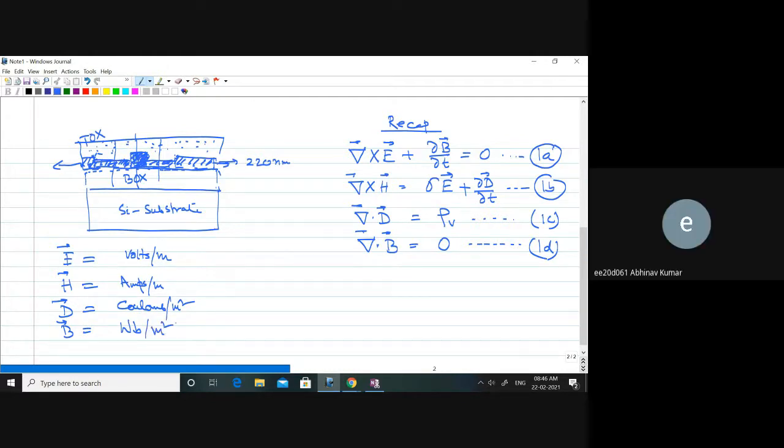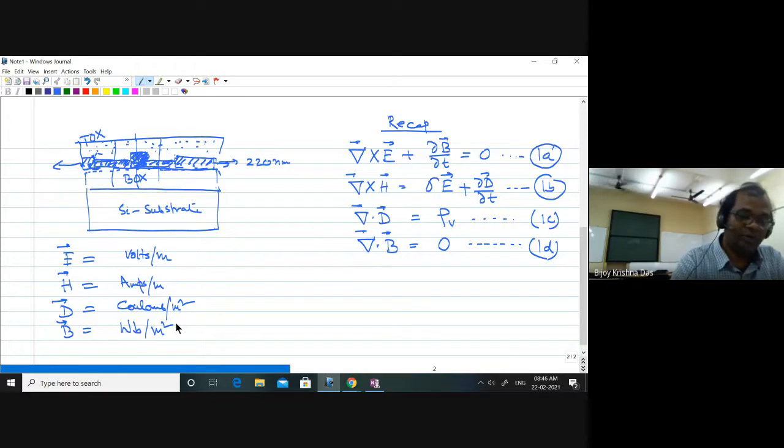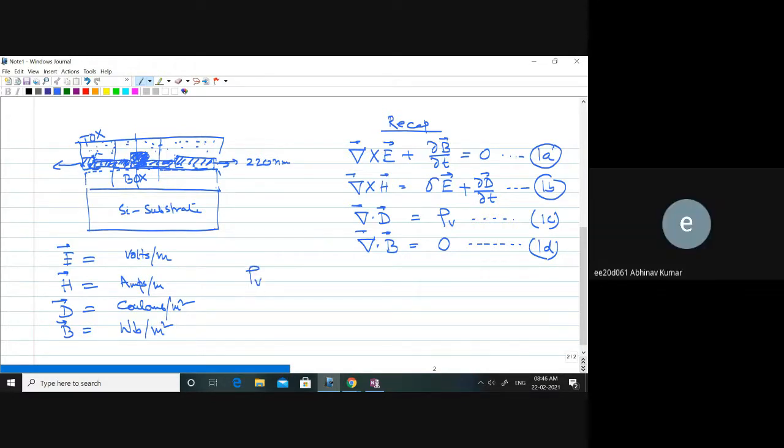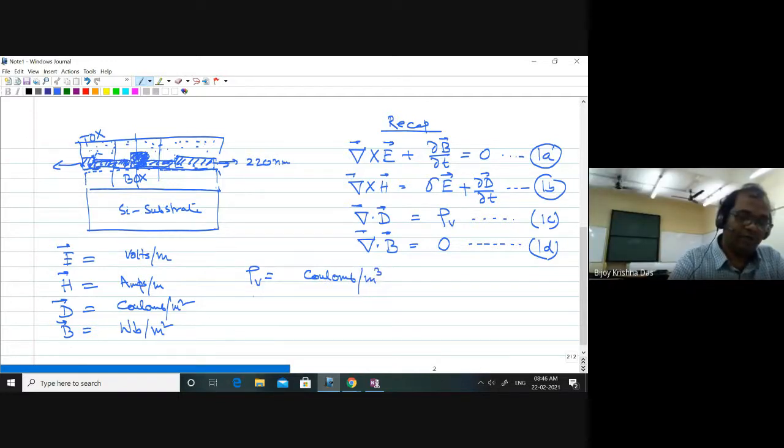And what about rho V? Coulomb per meter cube. Yes, SI unit coulomb per meter cube. And anything else? Normally, this one you consider as JC, and this one you consider as JD, right?